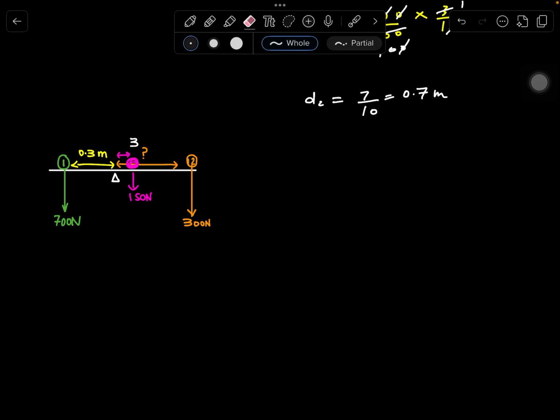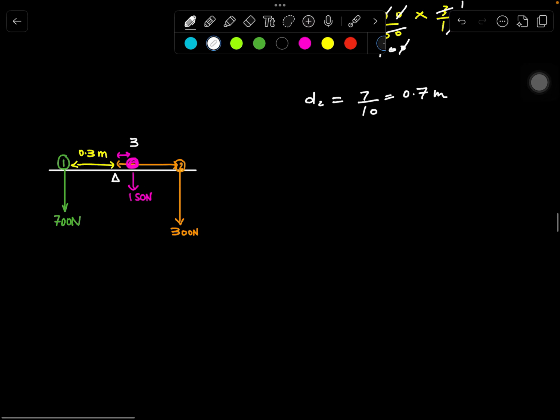And let's say the orange one is placed a bit closer. Let's say the orange distance is 0.5 meters. And you want to find out this distance for the third one.